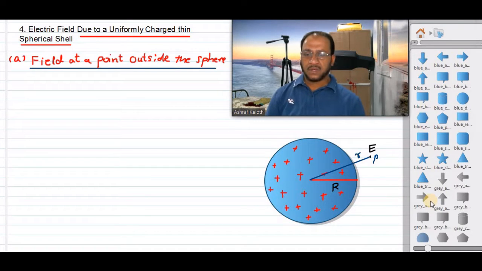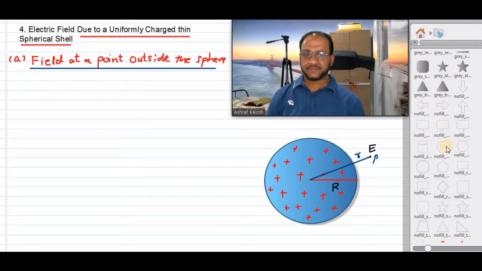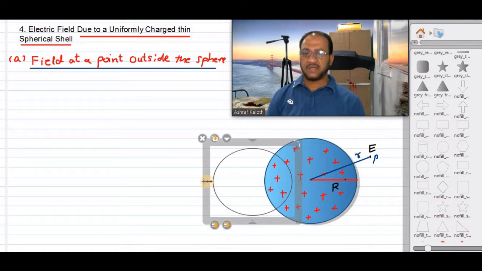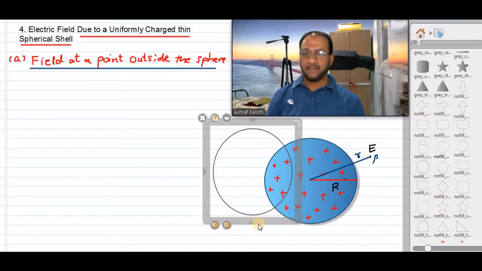Now, the Gaussian surface is spherical. Here the original charged shell is already a spherical shell, so we can consider another imaginary shell surrounding it. It is drawn in such a way that its radius is equal to small r, and the point P lies on its surface.